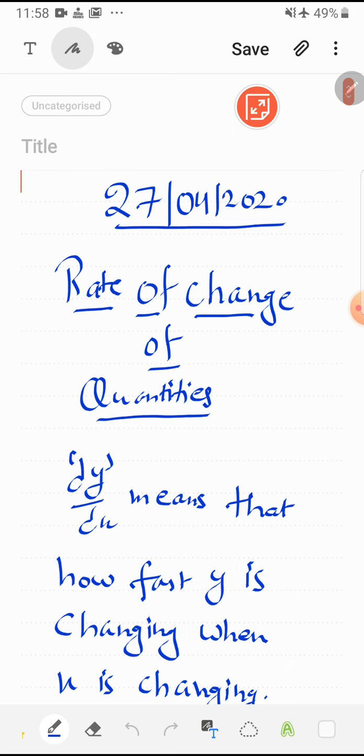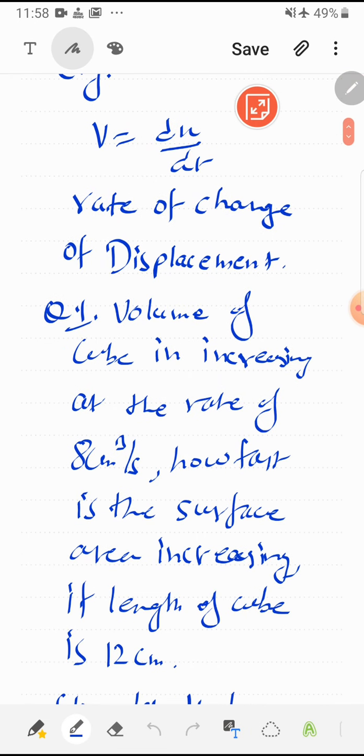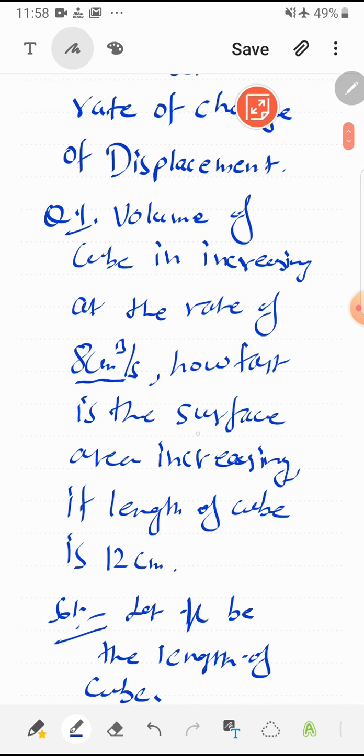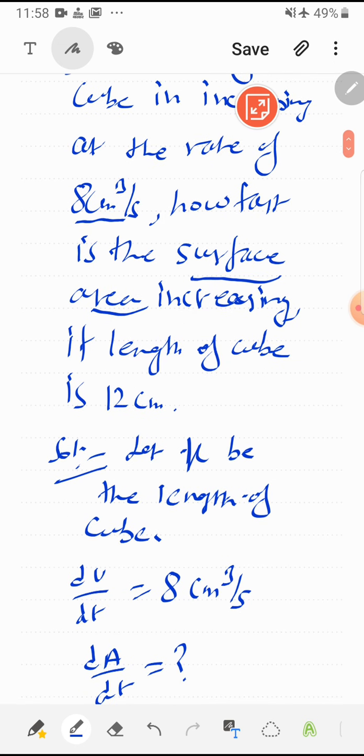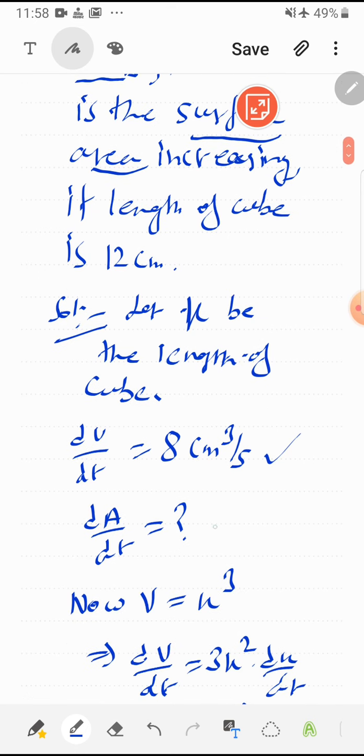If you are confused, then units will give you light on what the value is. So 8 centimeter cube per second means it is dv by dt, and we are asked dA by dt, the rate of change of surface area. So let x be the length of the cube, so that dv by dt is 8 and dA by dt is question mark. This we have to find.